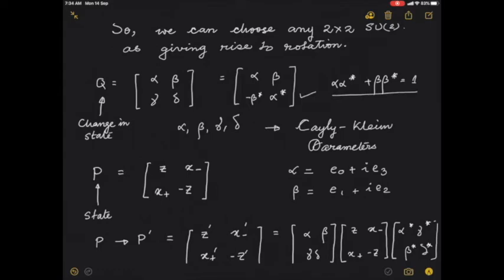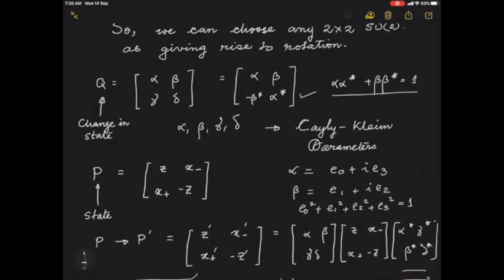And you can see this condition requires alpha alpha star is E0 square plus E3 square, and beta beta star is E1 square plus E2 square. So this equals 1.